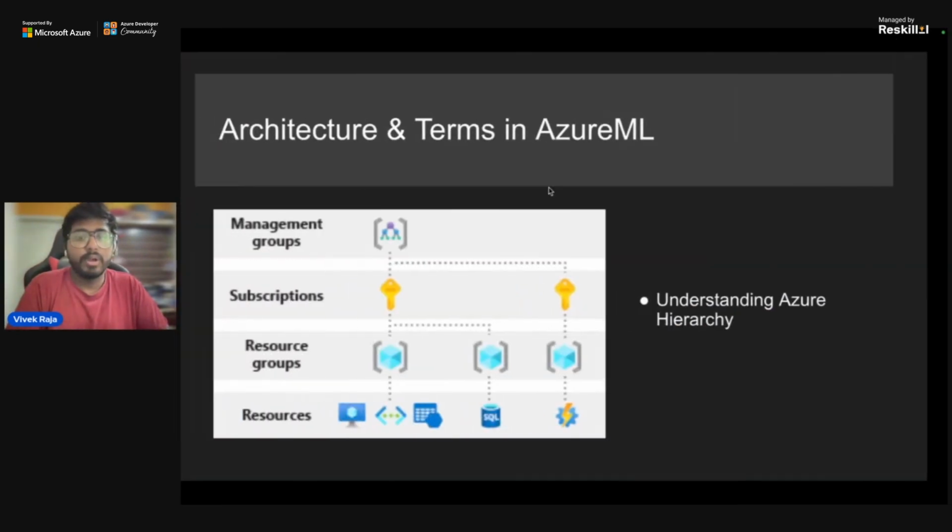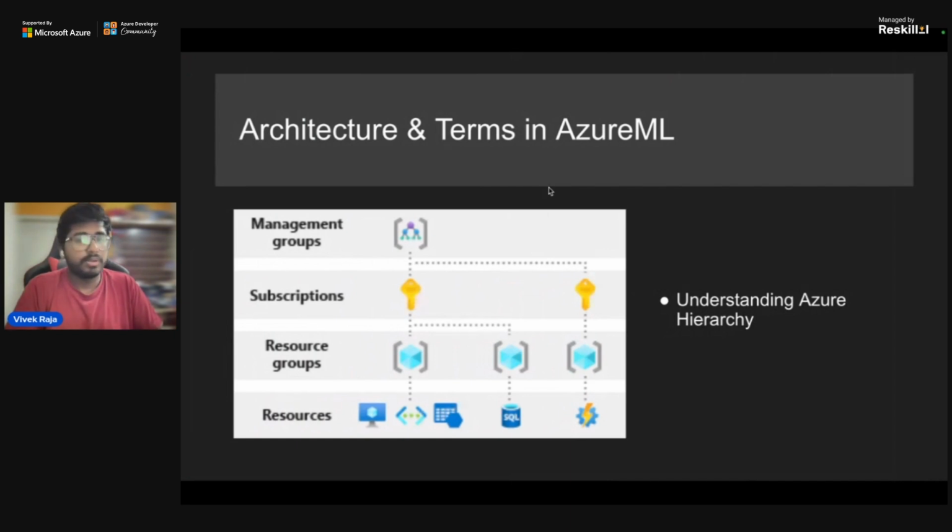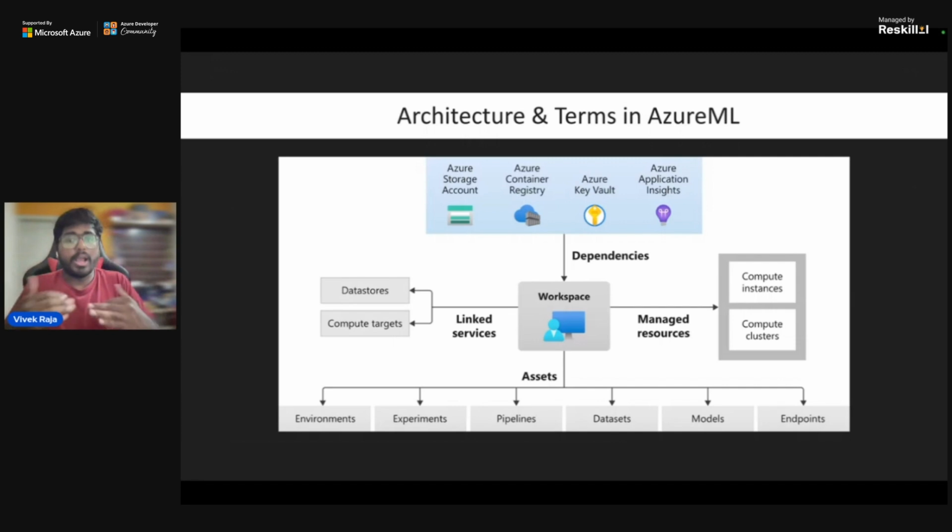Coming back to our presentation, now you know how the Azure hierarchy works. Now let's come to Azure Machine Learning and what exists there. In Azure Machine Learning, we have something called a workspace. The workspace encompasses everything. You have a lot of assets.